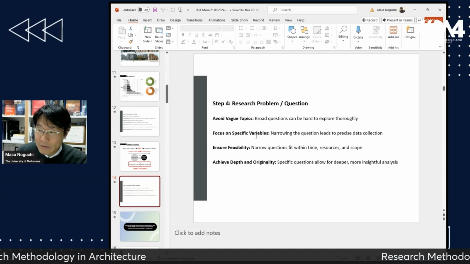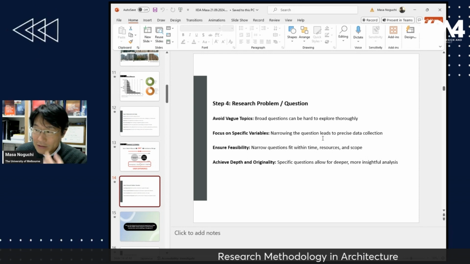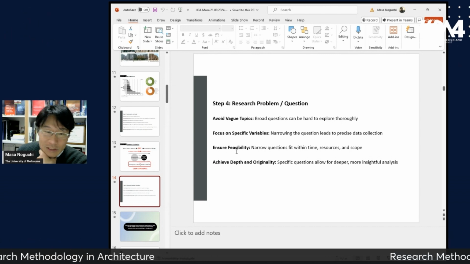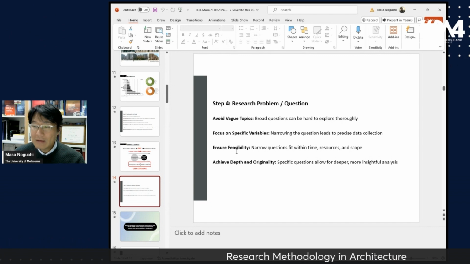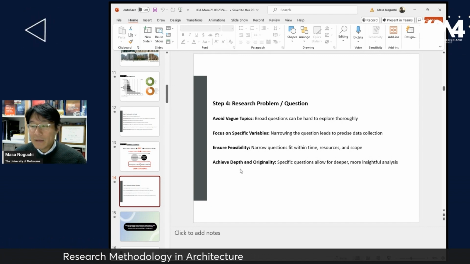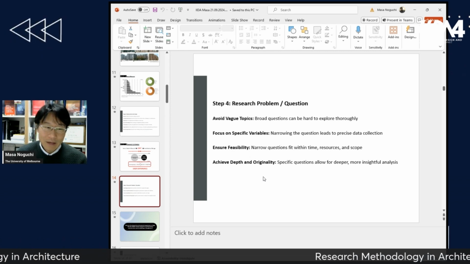Focus on specific questions, narrow the research questions, which leads to precise data collection and ensures feasibility. So a research question should be feasible, manageable, and achievable. Achieving depth, originality and novelty is very important.